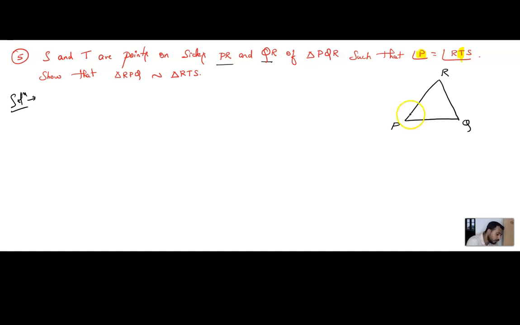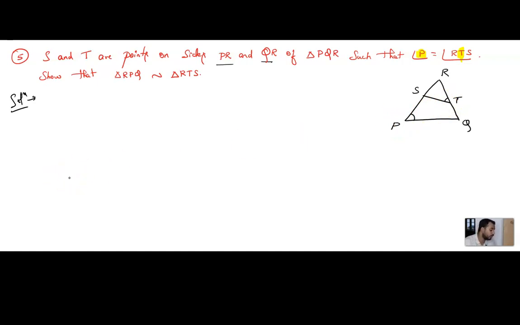It means however much this angle is, this angle also remains the same. S and T are the points on PR and QR. So this is the figure. So angle P is equal to angle T. It's been given in the problem.